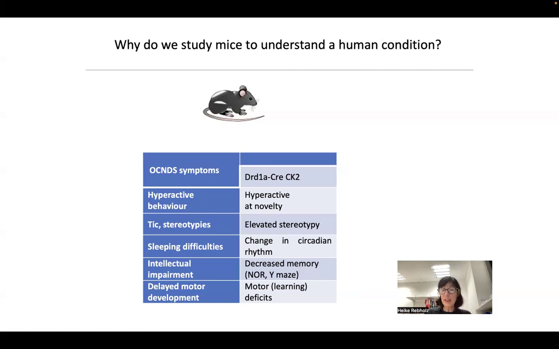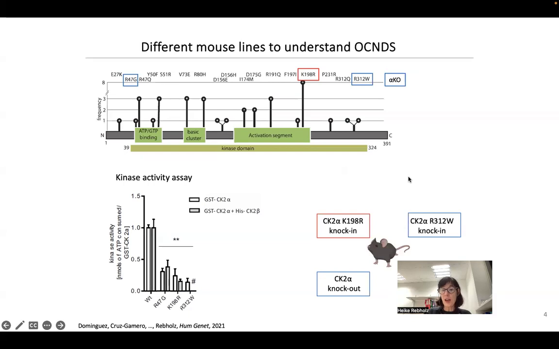So we already knew, prior to OCNDS being described, that CK2 plays a role in some of these behaviors that are linked now to OCNDS. So that makes the rationale quite strong to think that mice are a good model to study OCNDS.